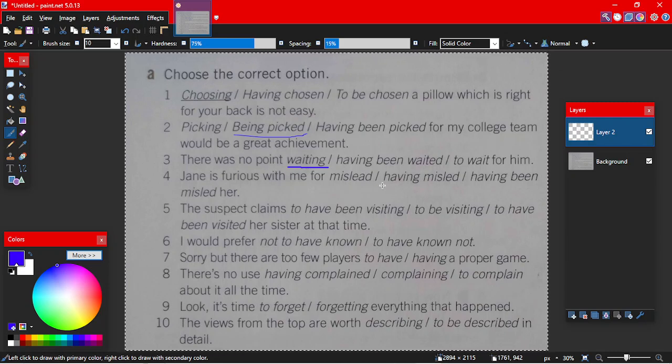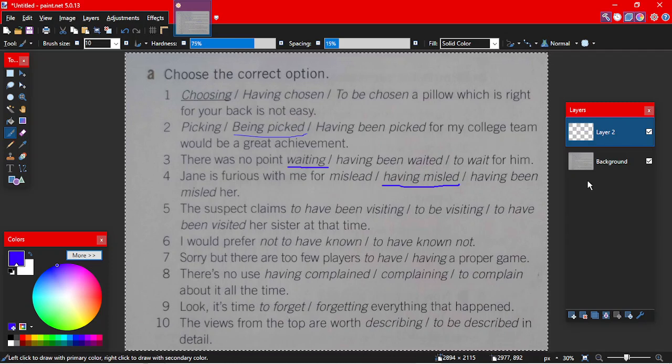So the other is Jane is furious with me for mislead her. Here's the thing: if there was an option that was misleading, with ing, that option could work.